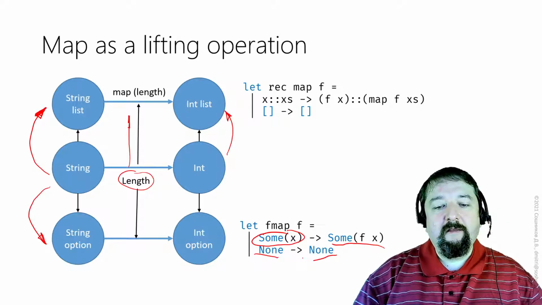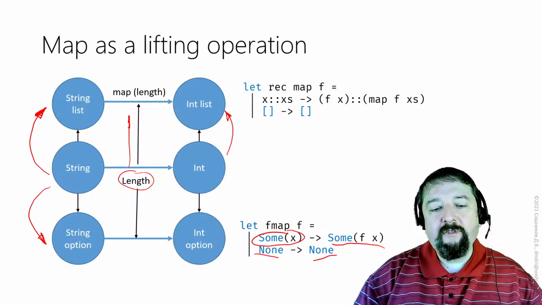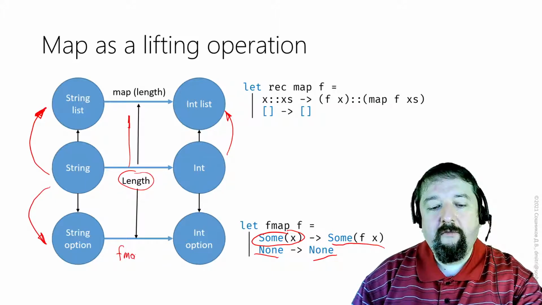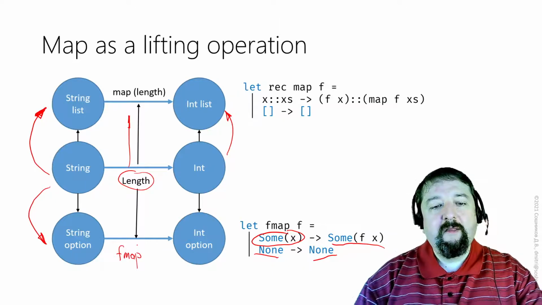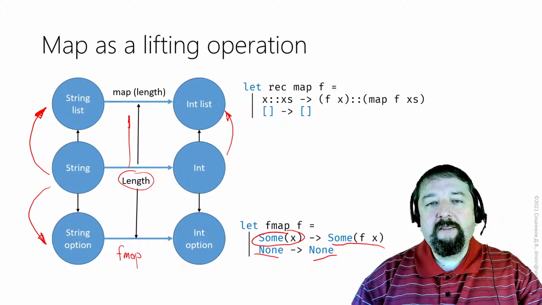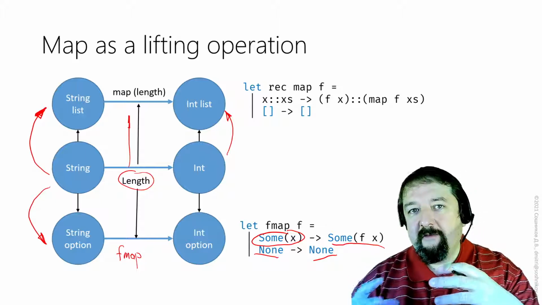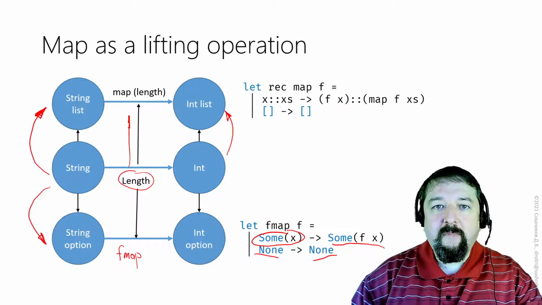And this map, we can call it fmap, for example. It would also lift the function length to a different domain, to the domain of option types. You can see the similarity. This allows us to think at a higher level of abstraction even than maps.